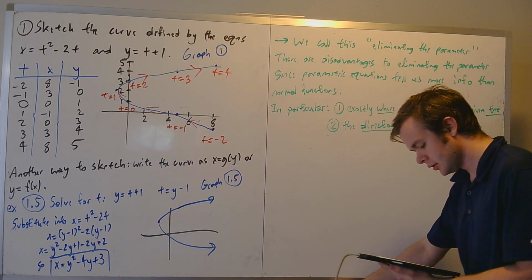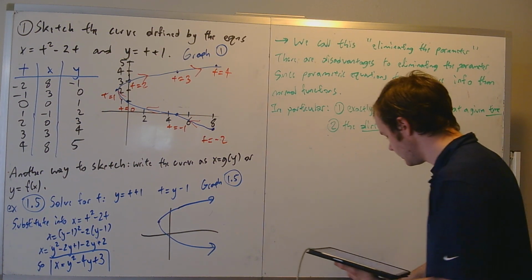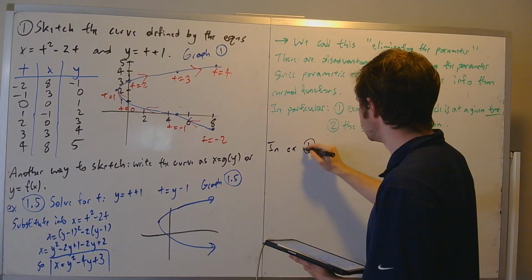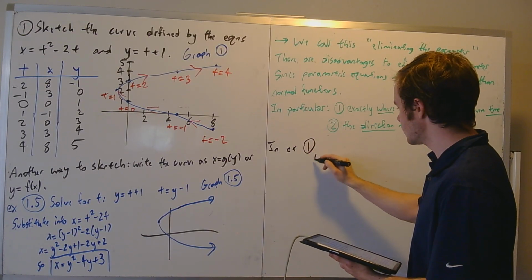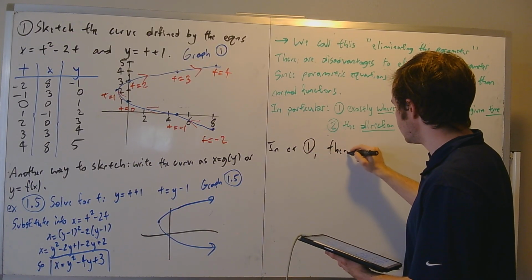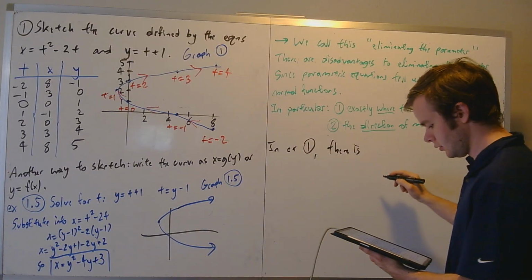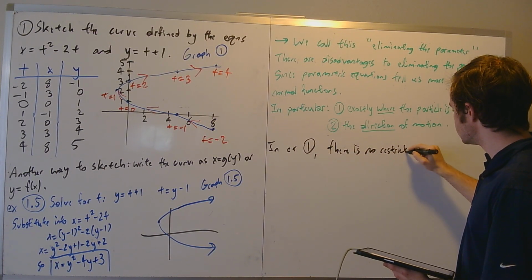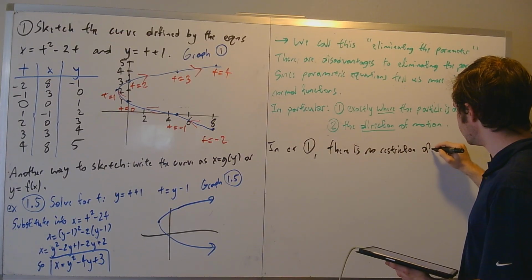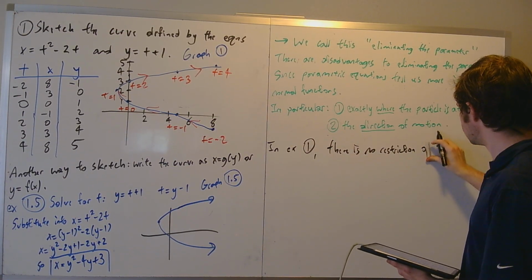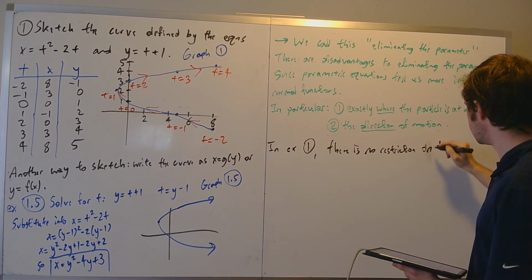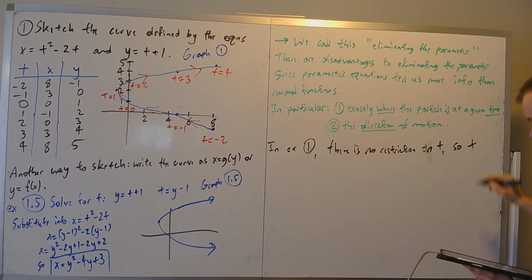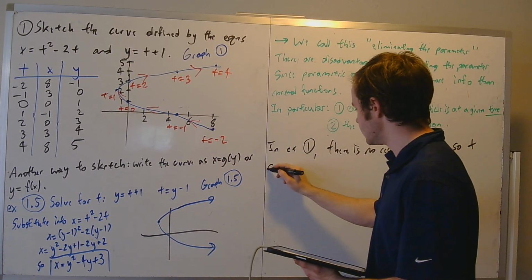Okay, and I'll say here, in example 1, there's no restriction on t, so t can be any real number.